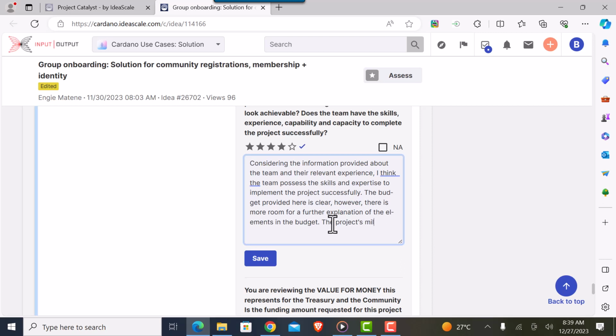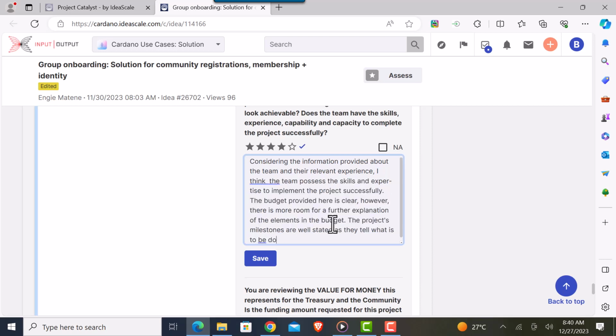The project's milestones are well stated, as they tell what is to be done and achieved at each point in time.